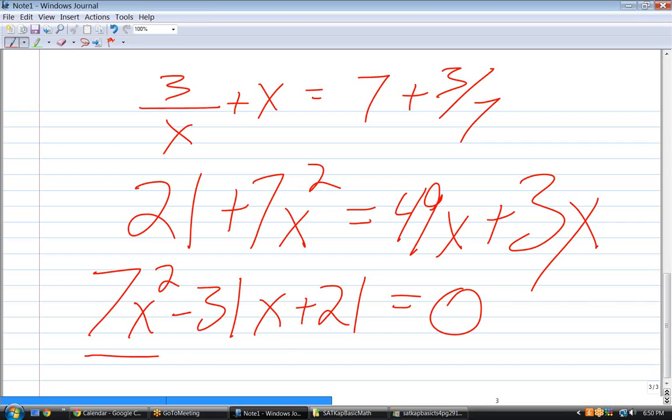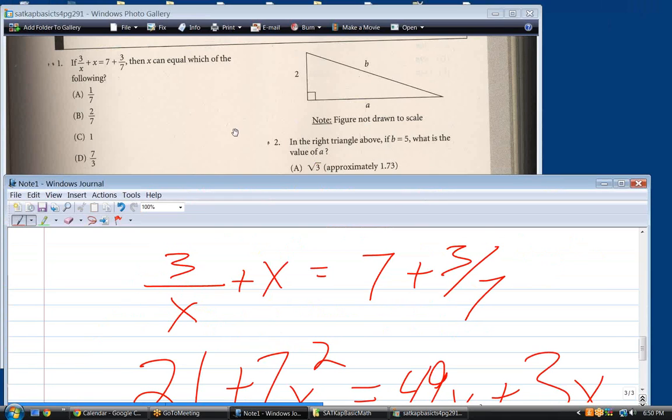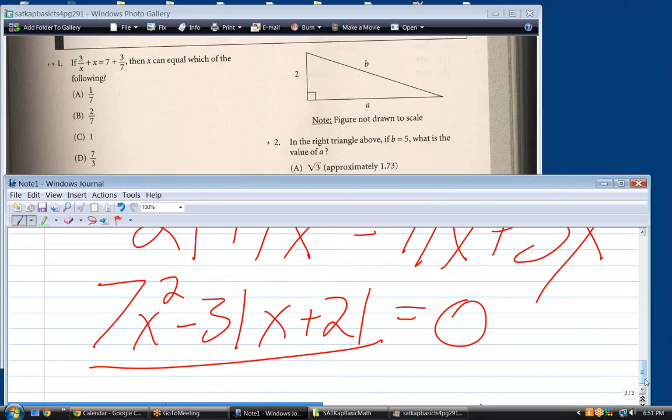Now, I either have to figure out a very tough factoring problem, or I've got to plug it into the quadratic formula to solve for x. I'll get x equals 7 either way, but it's not going to be easy and it's going to take a lot of time. So spotting these little shortcuts is really worth it. Every time you see a problem, it's worth noticing whether there's a shortcut there.